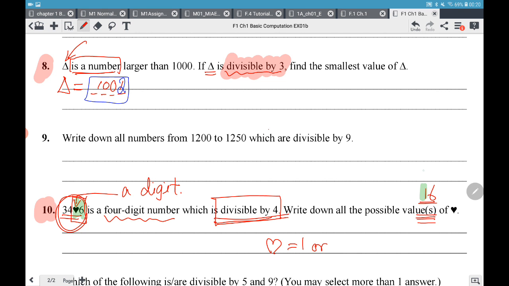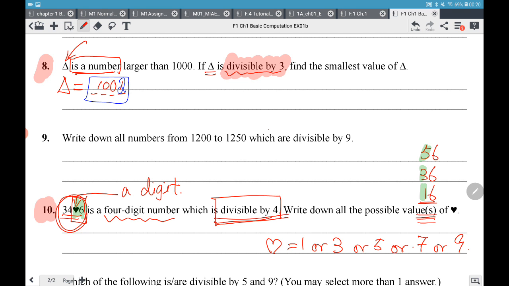No, 26 is not divisible by 4. Therefore, we jump to 36. 36 is also divisible by 4. Therefore, the heart can be 3, because it forms 36 for the last two digits. And 46 is not divisible by 4. So we jump to 56. 56 is good enough. It is divisible by 4. So the heart can be 5 and so on. We can also find that it can be 7 or 9.